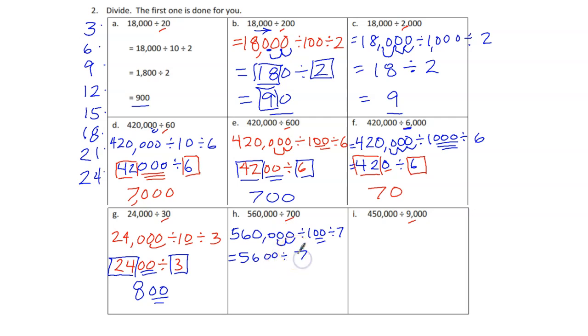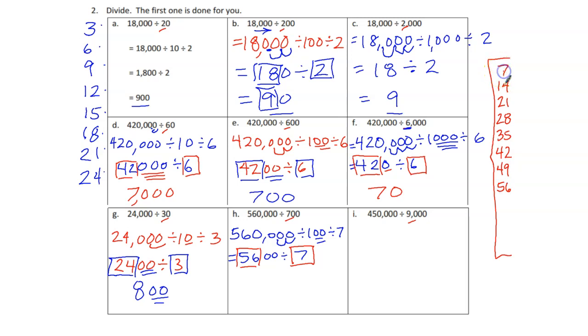Divided by 7. So now we're going to say 56 divided by 7. If you don't know what 56 divided by 7 is, all you do is look at your 7 times tables. Let's draw a box here. You have 7, 14, 21, 28, 35, 42, 49, 56.